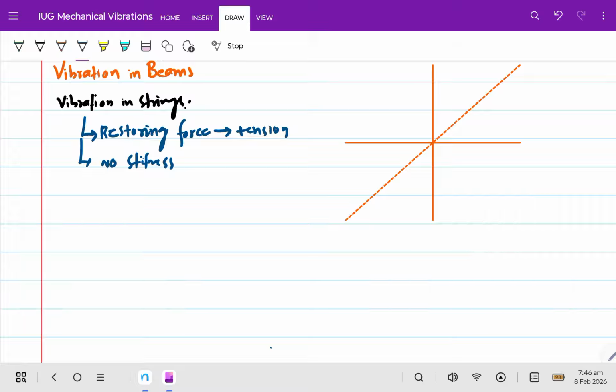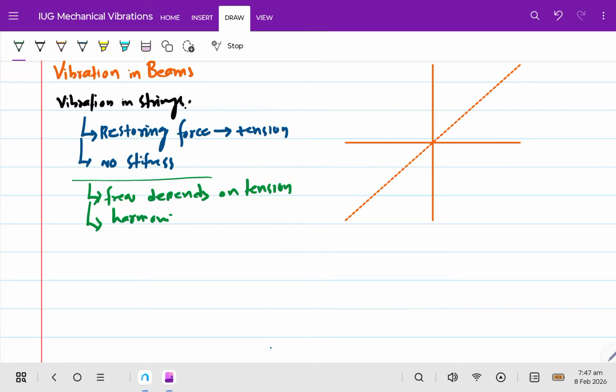So because of that, the response, or you can say the frequency of vibration, depends on tension. And the harmonics, just as we calculated last time, are simply an integral multiple, n lambda and pi.